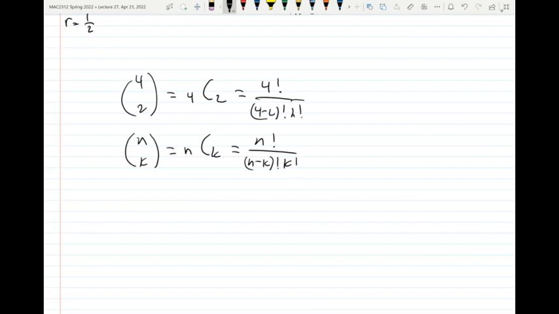Sometimes you see this in precalculus. Times k factorial. But this only makes sense when you are talking about integers, when n is an integer and k is less than n. Okay? That's only when this makes sense. Now, the point is that this matches the following expression. What is this equal to?